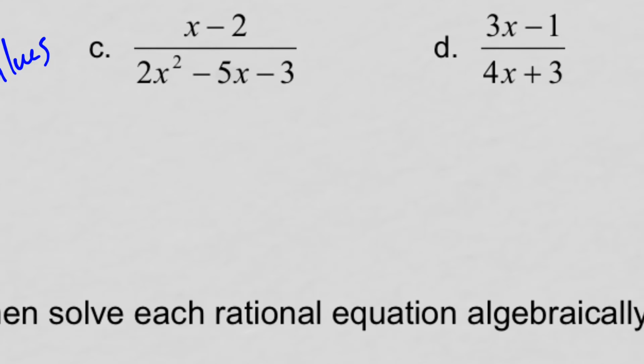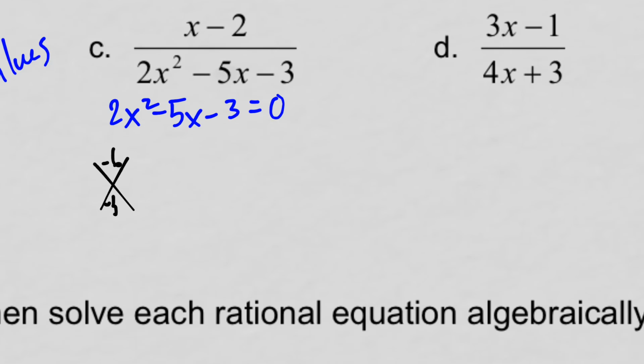Okay, C is a little bit more involved because there are x's in the denominator, which means that there are excluded values. We just got to figure out what they are. When you set this equal to 0, there's some work you need to do. You need to factor this in order to figure out what the solutions of that equation are. So we're going to make an x factor. It's 2 times negative 3 is negative 6. B is negative 5.